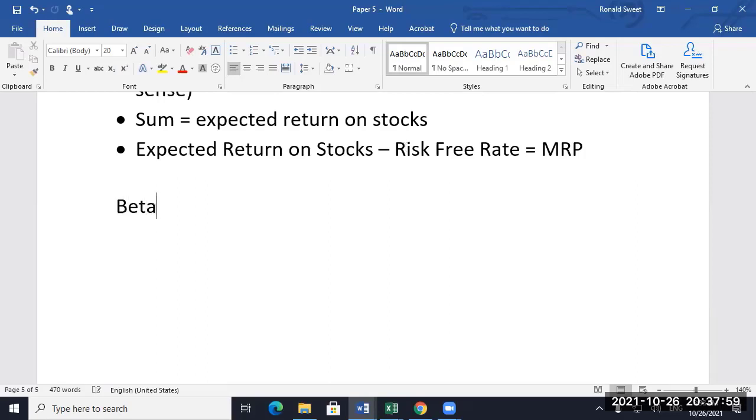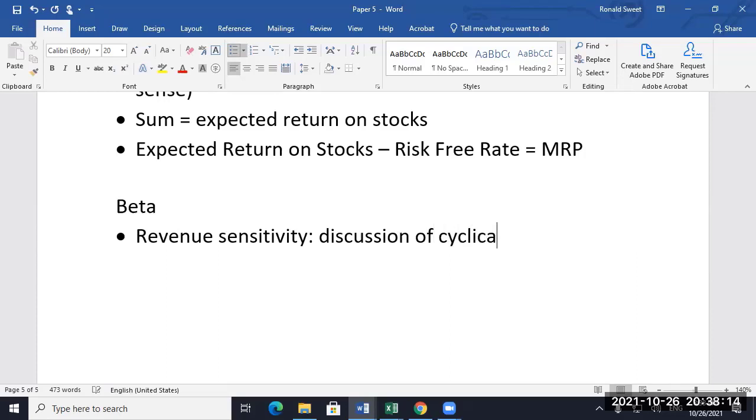All right, and then the beta, pretty straightforward. Very straightforward. You start with revenue sensitivity. This is a discussion of cyclical or defensive. I have had some students go back and look at previous recessions and see how the stock did in those recessions.